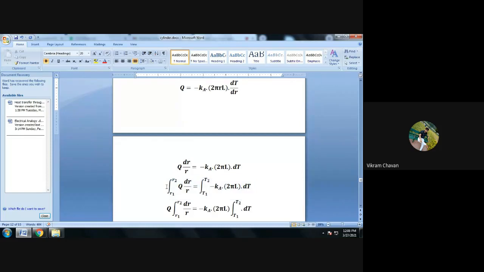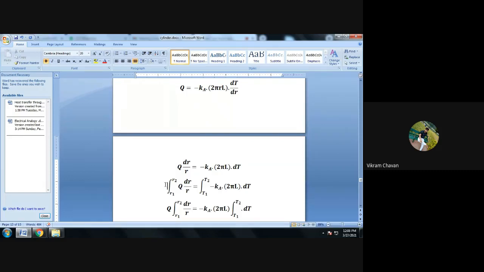A similar procedure we have to follow. Apply the limits R1 and R2 and integrate Q multiplied by dr divided by R, equal to the limits of temperature T1 and T2 for integration of minus K suffix A multiplied by 2 pi L multiplied by dT.